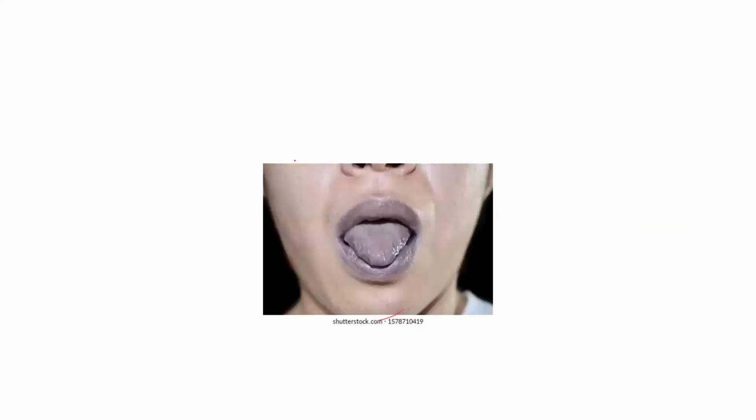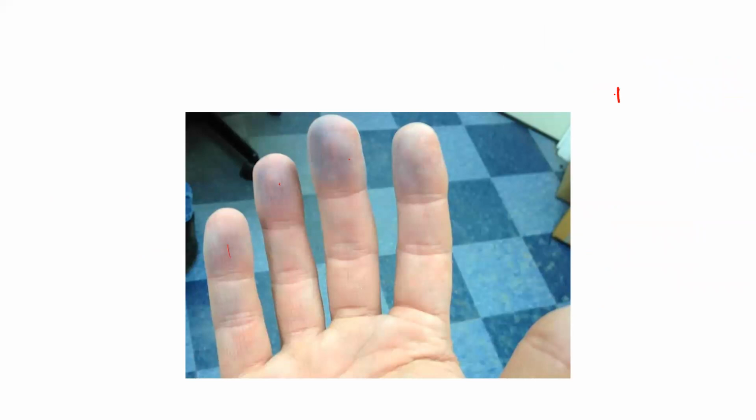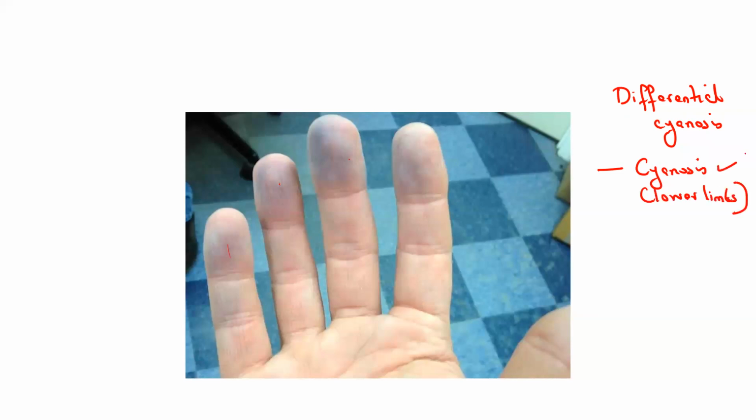Okay, next let us come to some more terms. There is something called differential cyanosis. Have you heard about this term? In normal cyanosis it may occur in the upper limb. But in differential cyanosis, it is the opposite. You will find the cyanosis is present in the lower limbs, but not in the upper limbs.